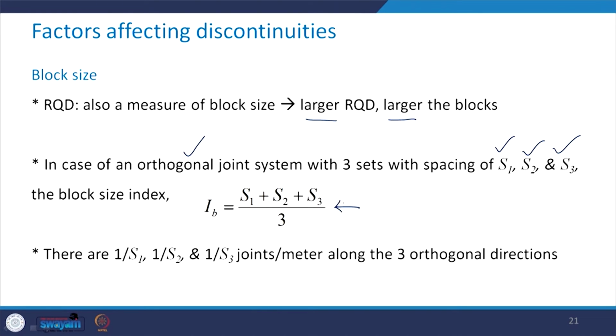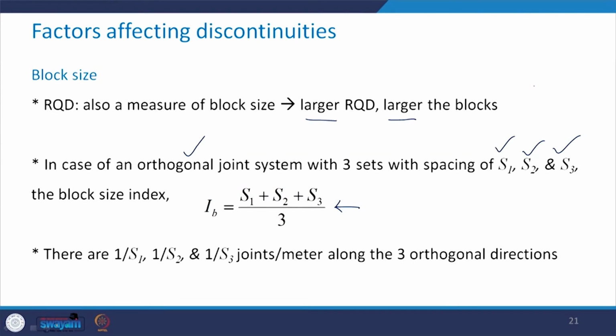Again, this is a particular case where we can obtain the block size index using this expression, the condition being that it is an orthogonal joint system with 3 sets. There are 1/S1, 1/S2 and 1/S3 joints per meter along the 3 orthogonal directions.